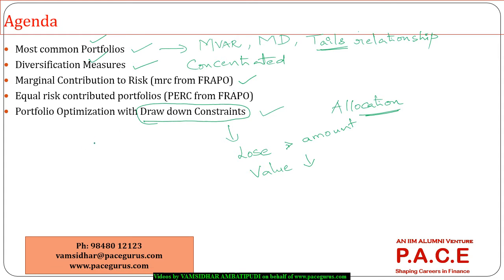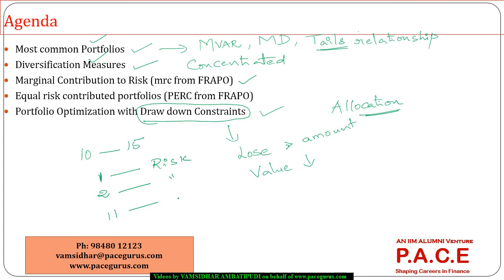So we are talking about how much each asset, let's say I'm talking about 10 to 15 assets. So first asset, what is it contributing to the overall risk? Now, the second one alone in isolation, how much is it contributing to the overall portfolio risk?